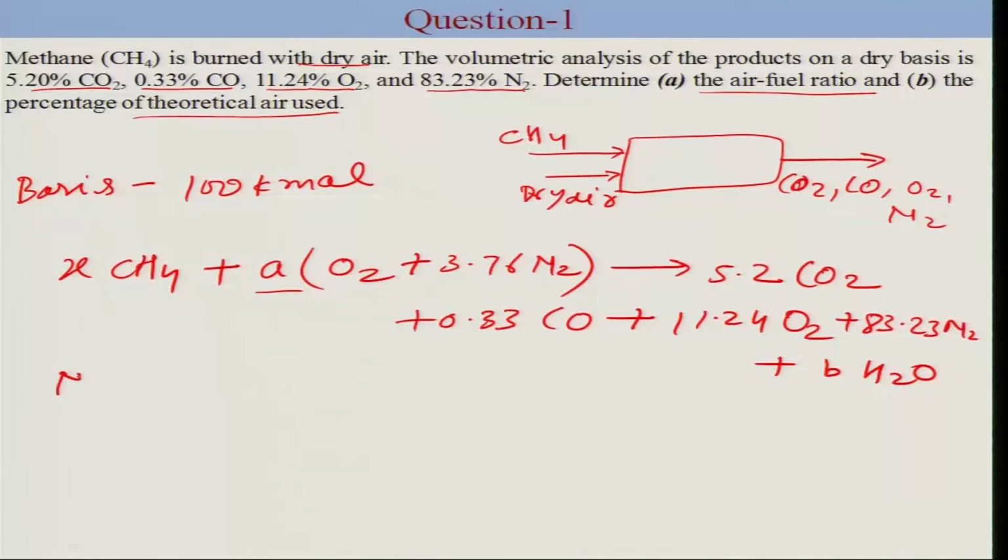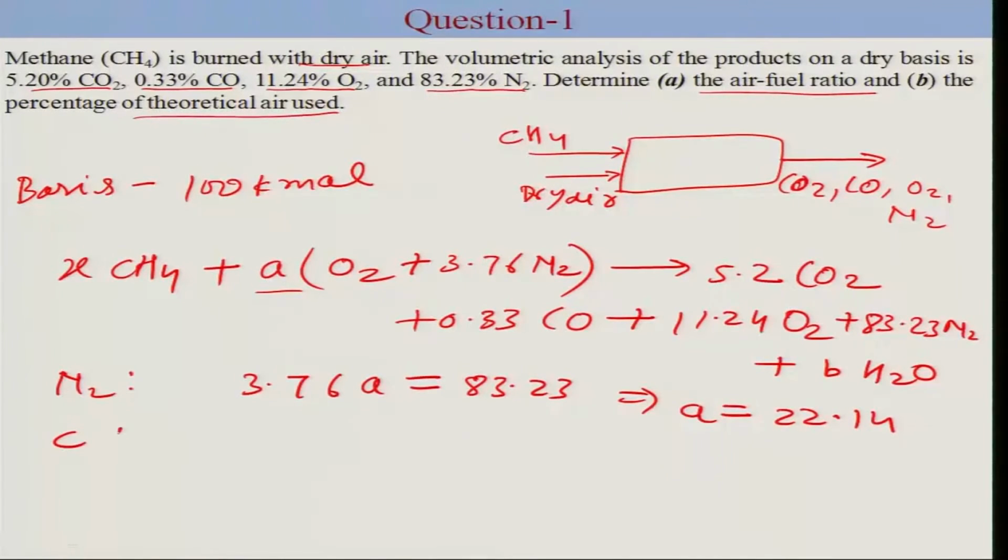Okay. So, after making mass balance for nitrogen, we get 3.76 A equal to 83.23. So, from here we get A equal to 22.14. Similarly, mass balance for carbon, we get X equal to 5.2 plus 0.33.